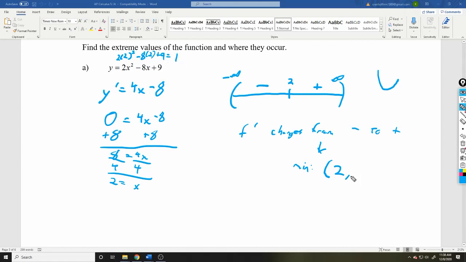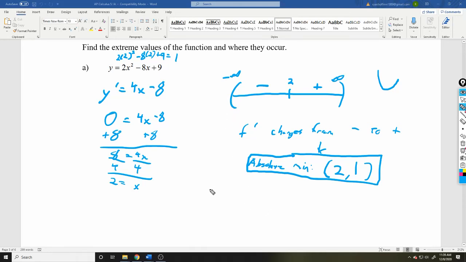That's 1. So (2, 1) is our minimum. And if we want to be more specific, that is the absolute minimum. That's the smallest that graph gets.